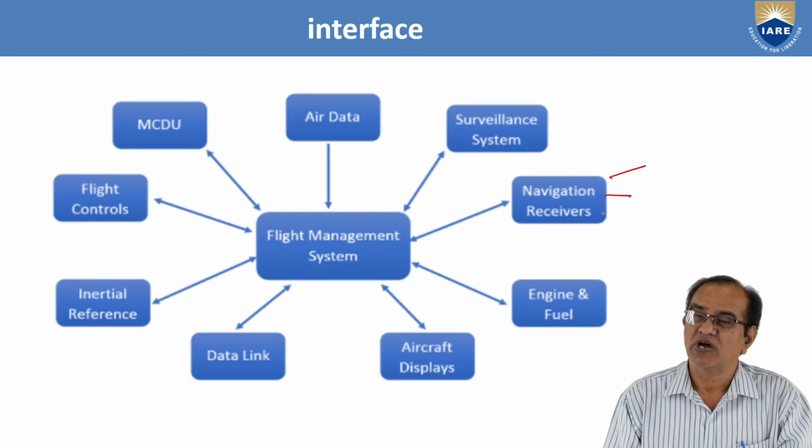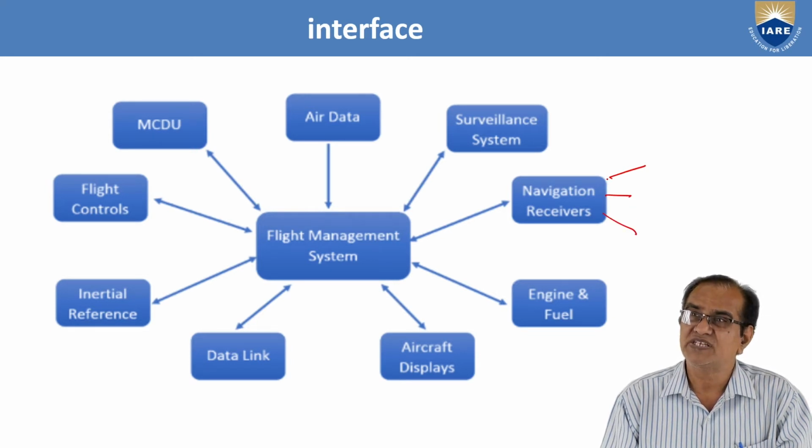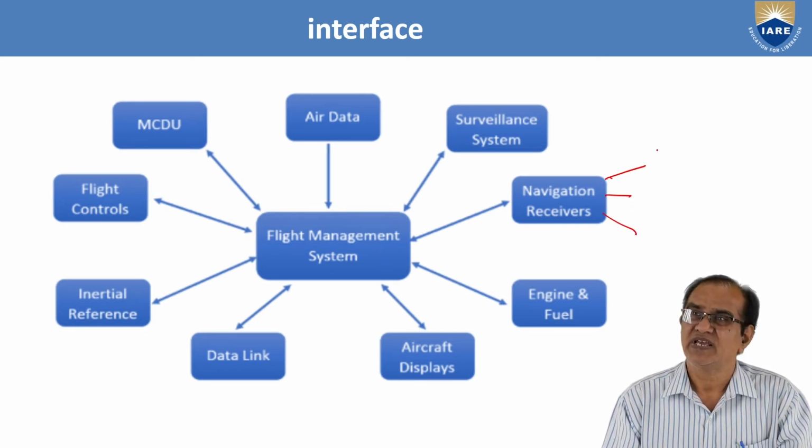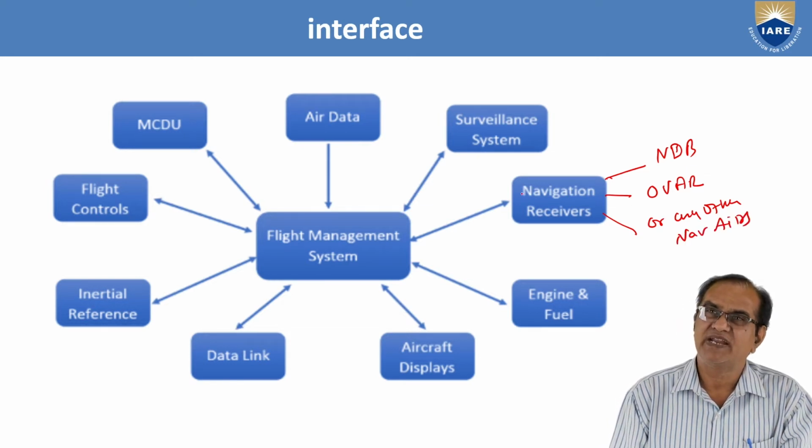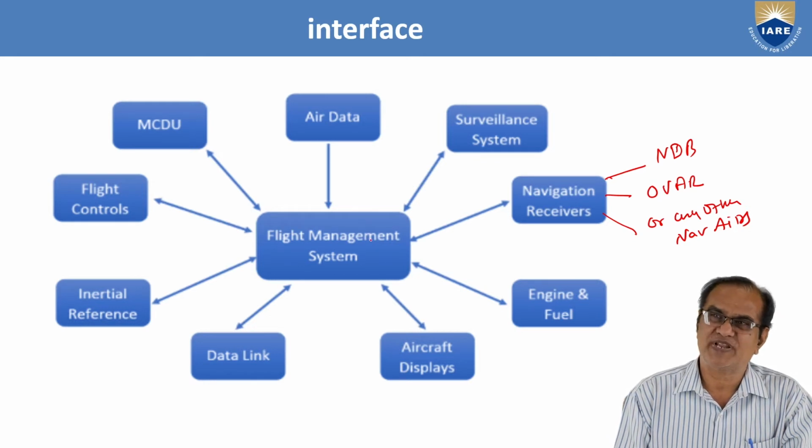So here the receiver and the transmitter, if NDB, VOR or any other navigation aids, they will give a sense to this and it will communicate to this flight management system.